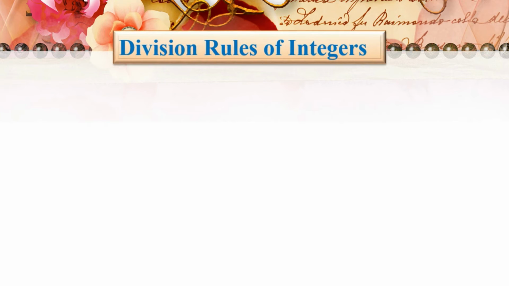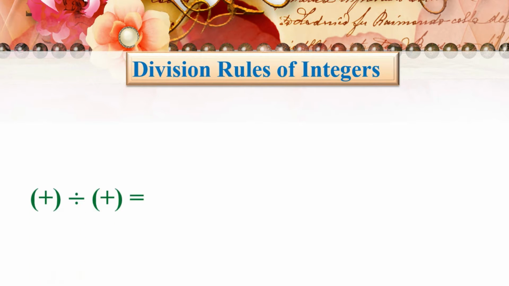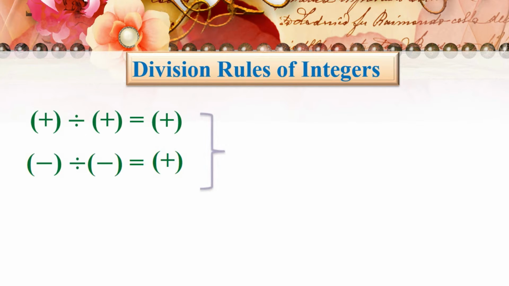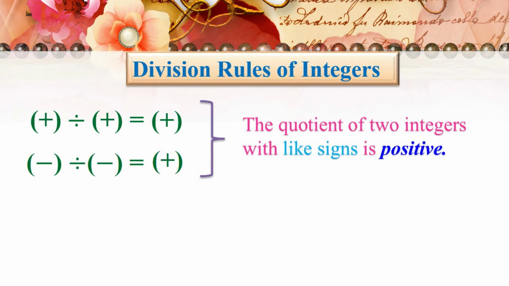Let's see division rules of integers. When we divide a positive integer by a positive integer, we get a positive integer. When we divide a negative integer by a negative integer, we get a positive integer. That means the quotient of two integers with like sign is positive.